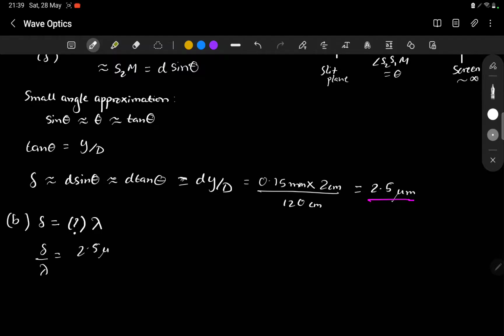This is 2.5 micrometer divided by wavelength, which is given as 833 nanometer. So plugging this in the calculator will give us approximately equal to 3. So this gives us delta is approximately 3 times lambda.